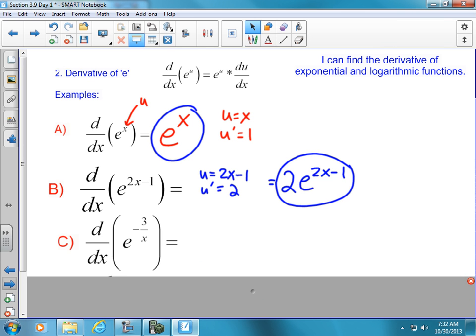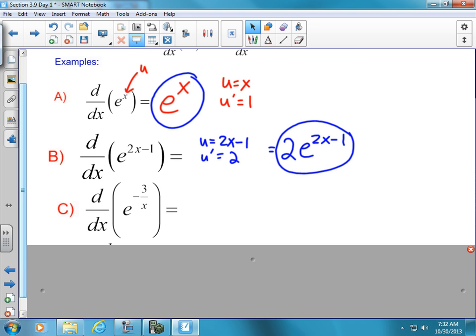Part C, actually 4 examples here. We have e to the negative 3x. Well, let's just take it up one more notch. U is equal to negative 3 times x to the negative 1. We all know how to take the derivative of that. Negative 1 times negative 3 is a positive 3, x to the negative 2.